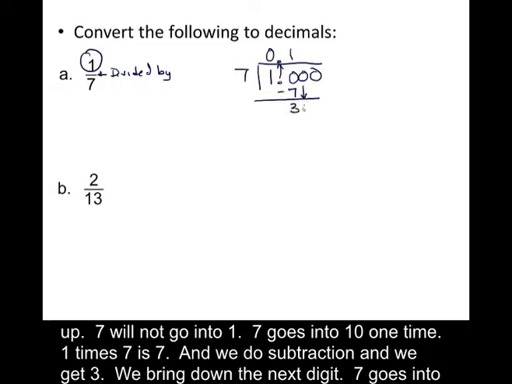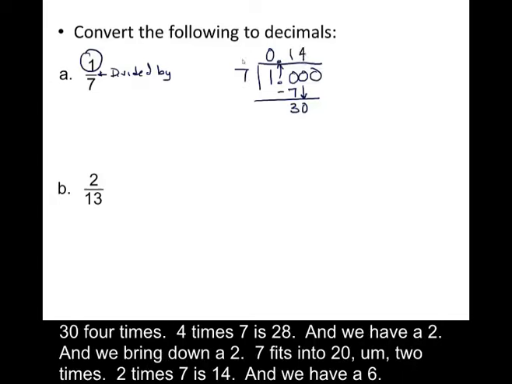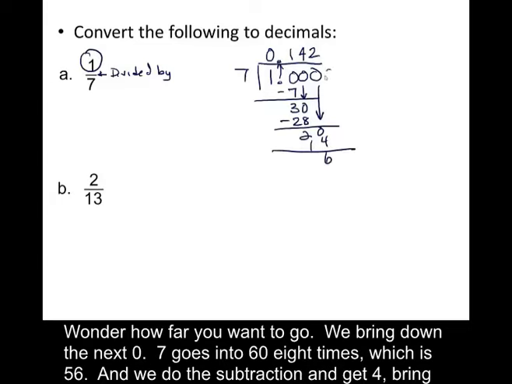We bring down the next digit. 7 goes into 30 4 times. 4 times 7 is 28, and we have a 2, and we bring down a 0. 7 fits into 20 2 times. 2 times 7 is 14, and we have a 6.